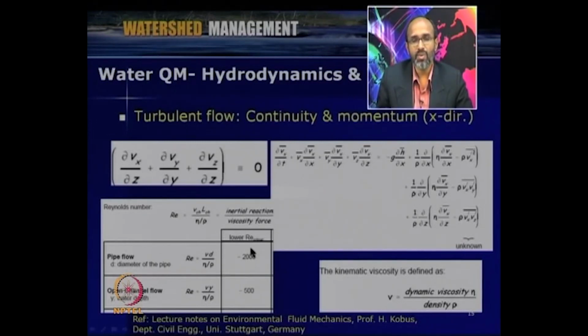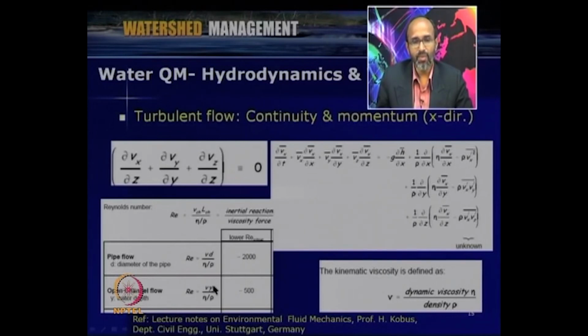So, above 4000 it will be completely turbulent. Up to 2000 generally we model laminar flow conditions, and definitely above 4000 it is turbulent, but above 2000 the transformation is from laminar to turbulence.